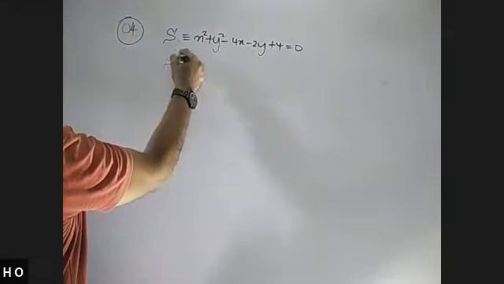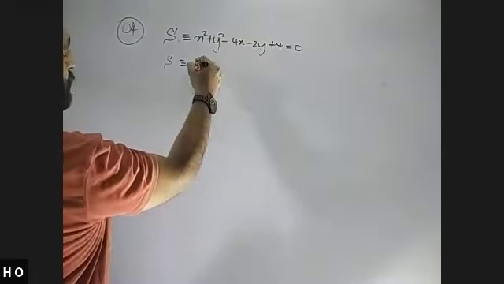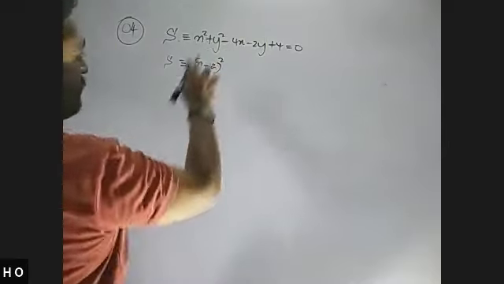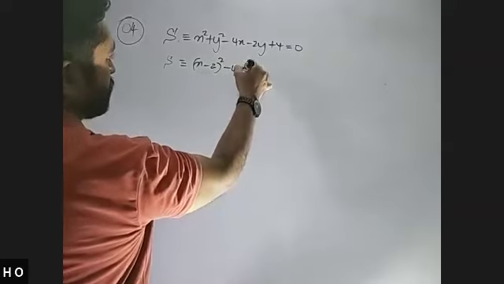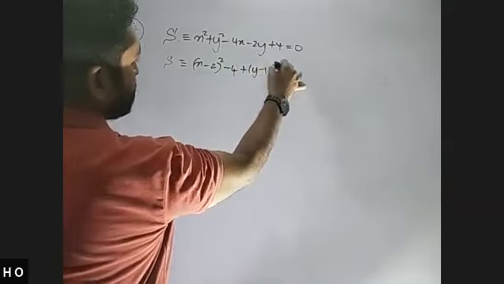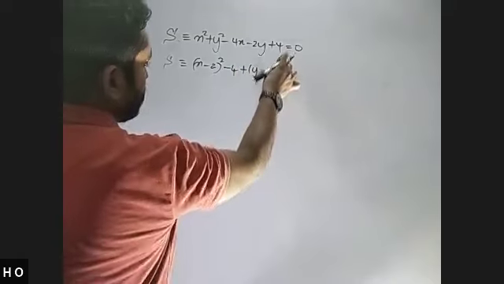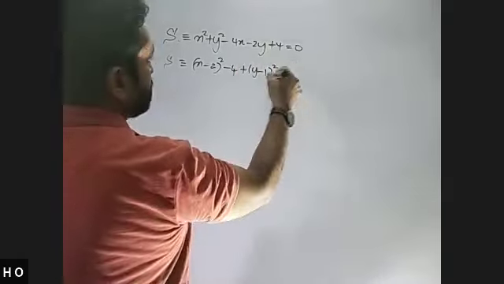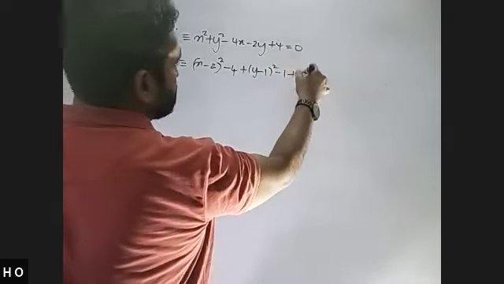You can complete the square separately for x and y. So it is going to be x minus 2 squared, x squared minus 4x plus 4 minus 4. Then for y minus 1 squared, it is going to be y squared minus 2y plus 1 minus 1. And for the constant, it is plus 4.